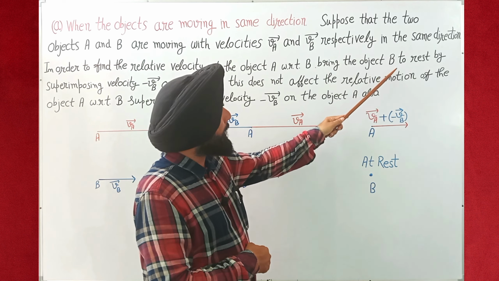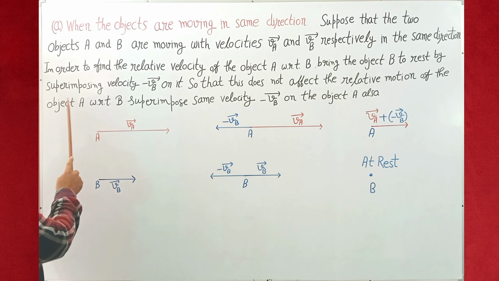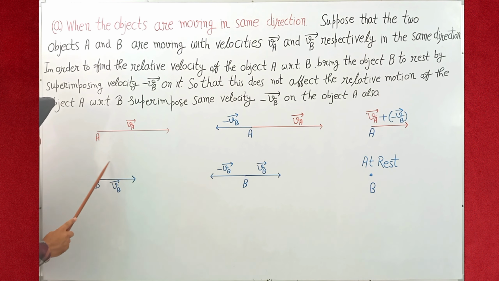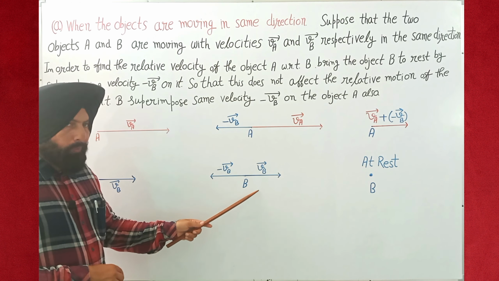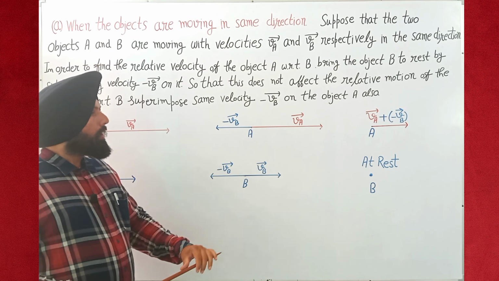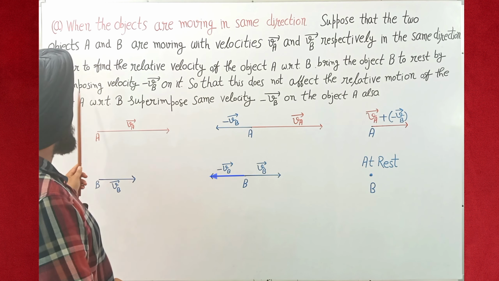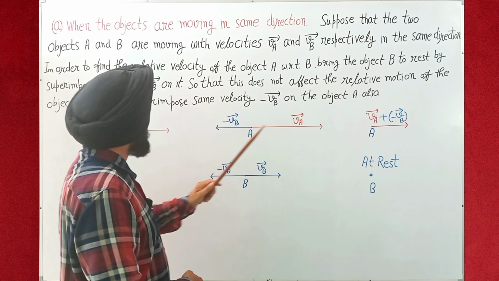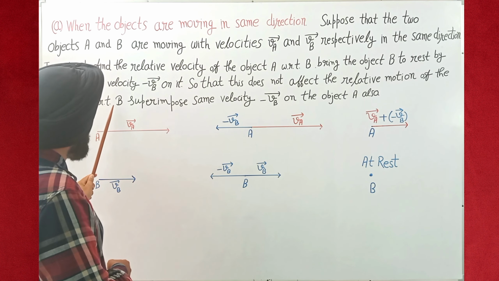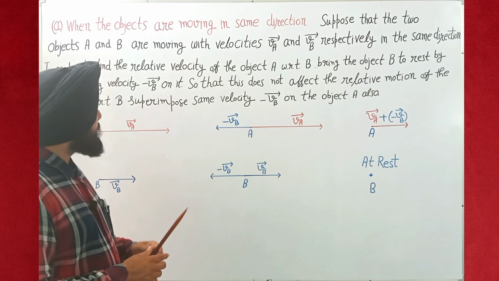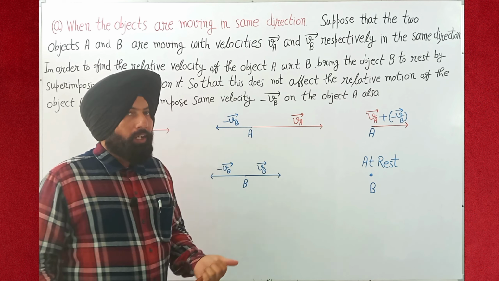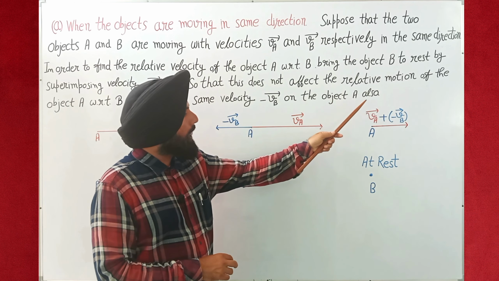Bring the object B to rest by superimposing velocity minus BB on it. So that it does not affect the relative motion of the object A with respect to B, superimpose the same velocity minus BB on the object A also.